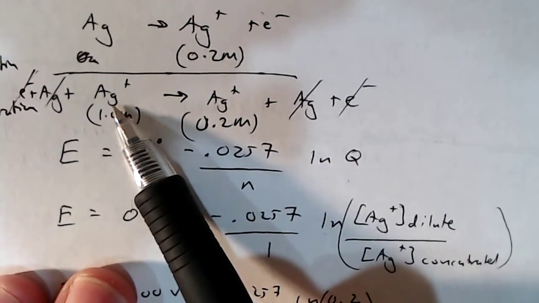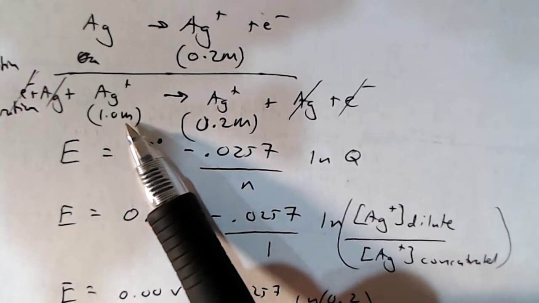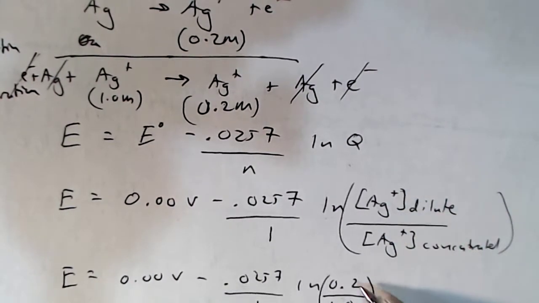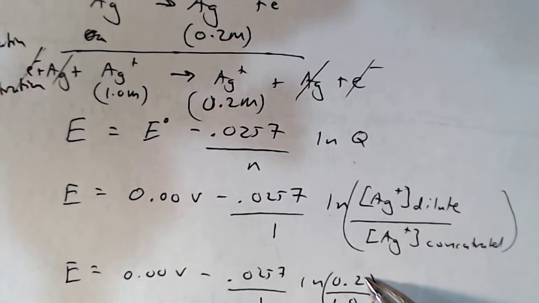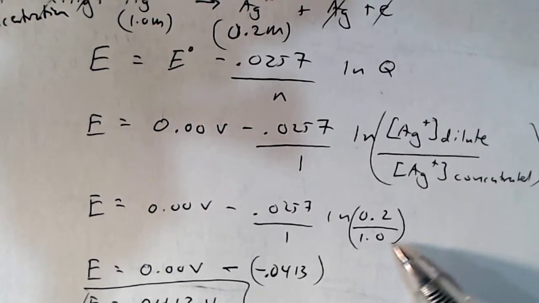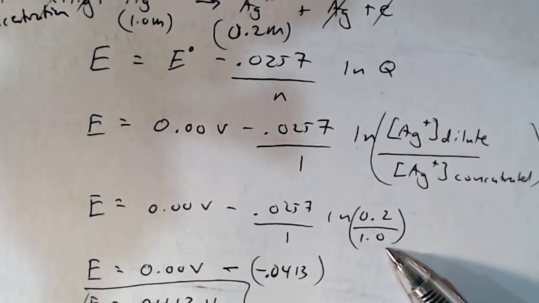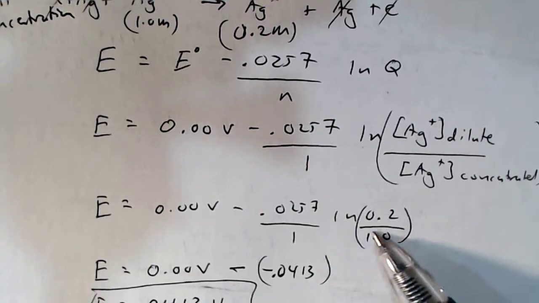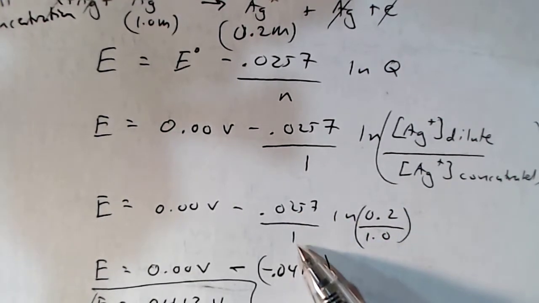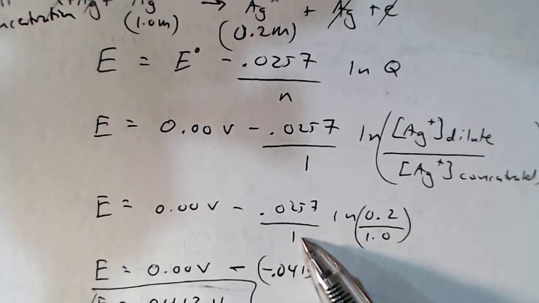In this balanced chemical equation, the product is in the 0.2 molar solution, and the reactant is in the 1.0 molar solution. So you have the products in the more dilute or 0.2 molar solution, and you have the reactants in the more concentrated or 1.0 molar solution. So then you can take the natural log of 0.2 and then multiply by 0.0257 and then divide by 1.